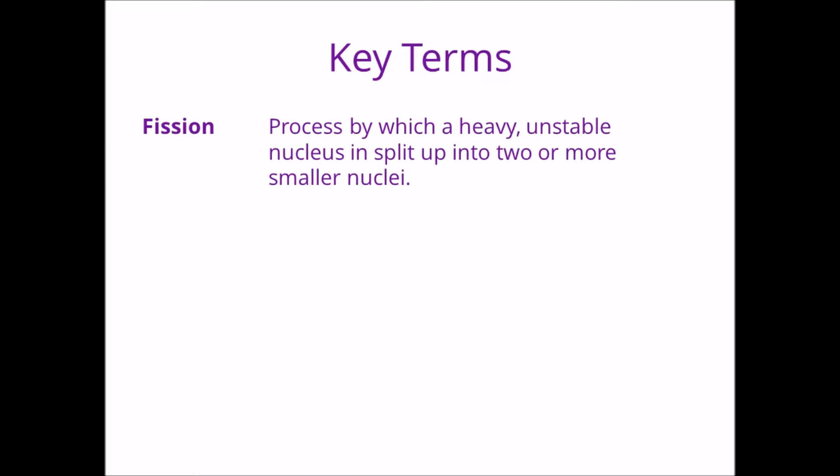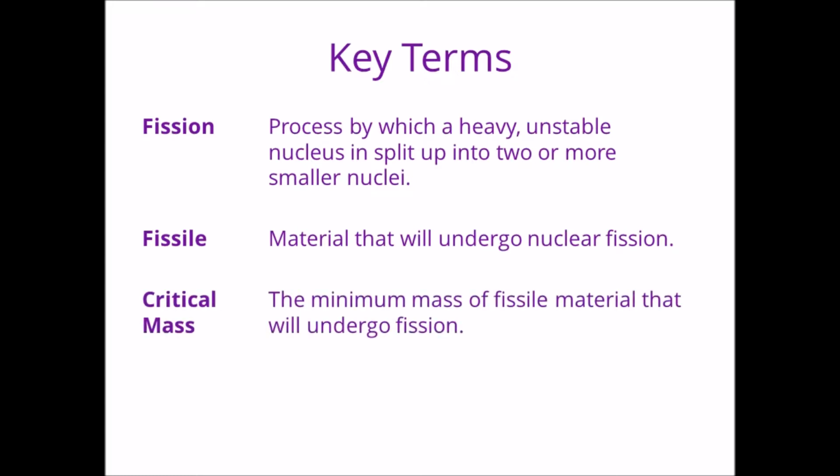Fission is artificially induced by bombarding a fissile nucleus with high energy neutrons. Fissile, by the way, is simply a term applied to materials that will undergo fission, for example uranium-235 or plutonium-239. The critical mass is the minimum mass of fissile material that will undergo fission, and we're going to talk more about that on the next slide. And a chain reaction is simply a self-sustaining reaction.